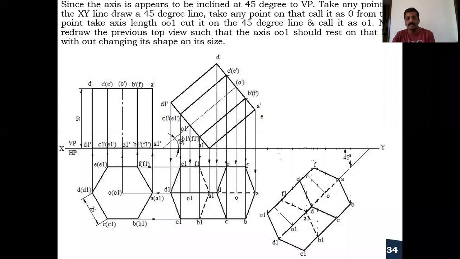How to get the other points? For example, here A to this distance you take, and draw a perpendicular line. This perpendicular, which I have not shown here, either this or this is the length, the radius.